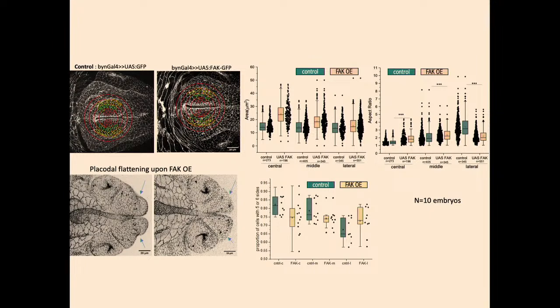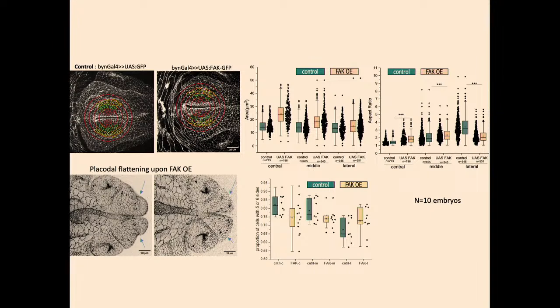So one of the things we think is happening is, if you look at the proportion of cells with six sides, I told you that in control, central cells had the highest proportion of hexagons, and the lateral cells had the lowest proportion. When you perturb integrin ECM interactions, there's a flattening of that difference.